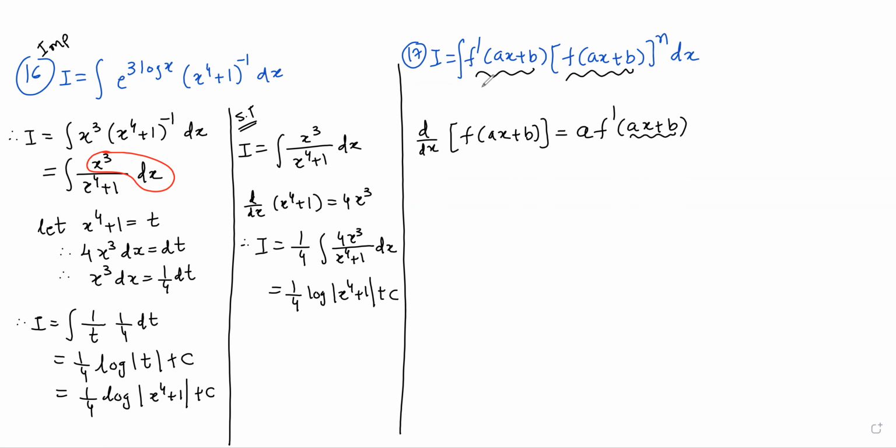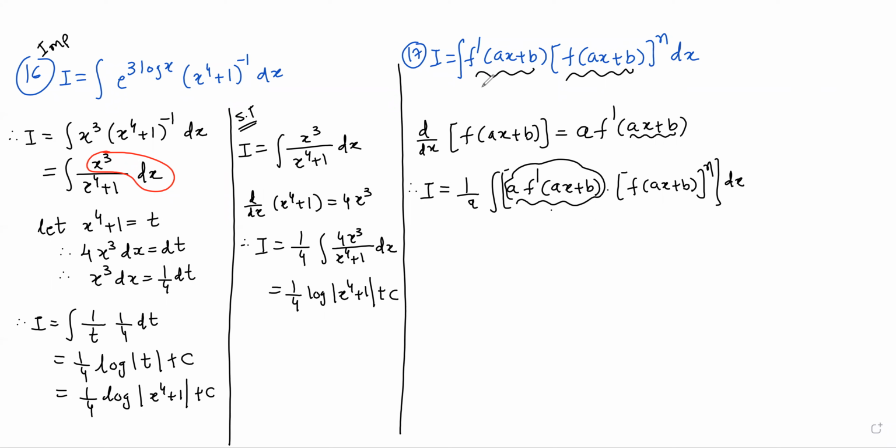So multiply and divide by a. Therefore, I is equal to 1 upon a, integration of a f dash ax plus b into f of ax plus b whole raised to n dx. Okay, so now this one is your f dash x and this one is your f x.